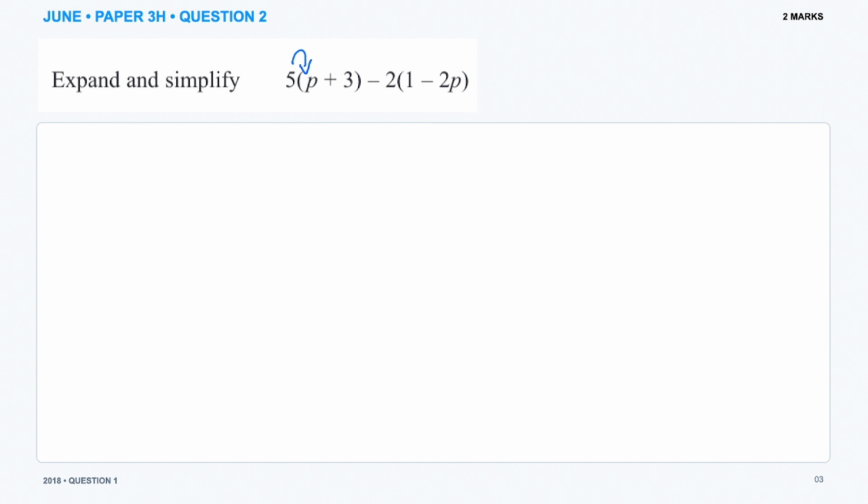So it will be equal to 5 multiplied by p. So it's going to be 5p plus 5 multiplied by 3, which makes 15, minus 2 times 1 is minus 2. Minus 2 times minus 2p, double negative, so it's going to be positive 4p.